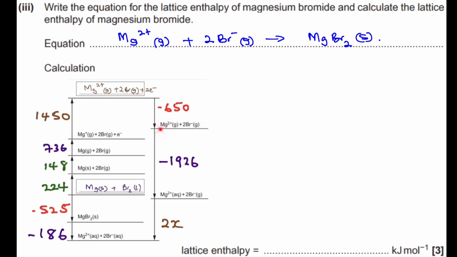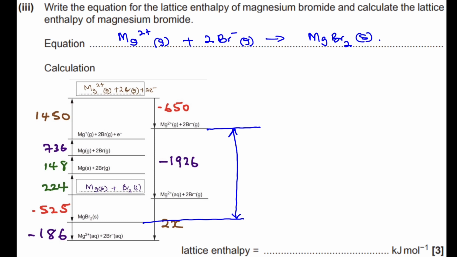To calculate the lattice enthalpy of magnesium bromide, we can see this is the gaseous of the metal and the non-metal, and we're going to form the solid. So what we want to calculate is from the solid bit here and the gaseous bit here. That's what we want to find.